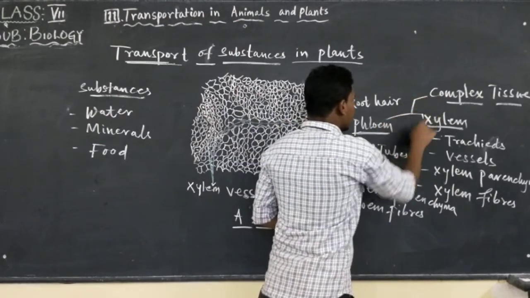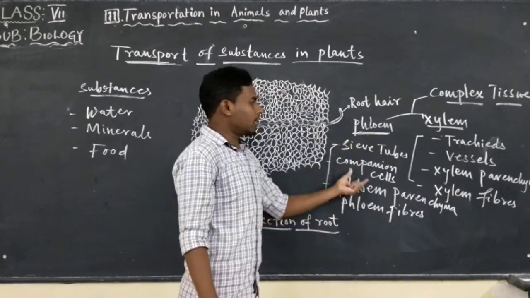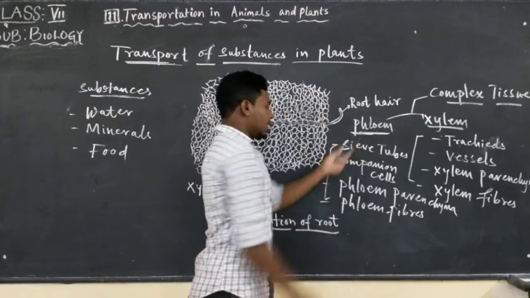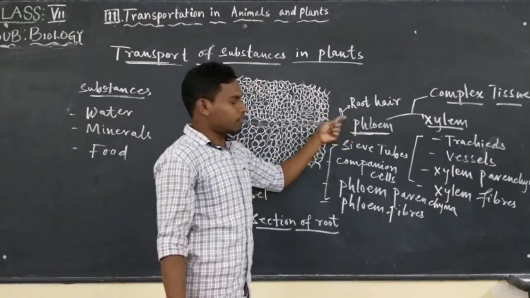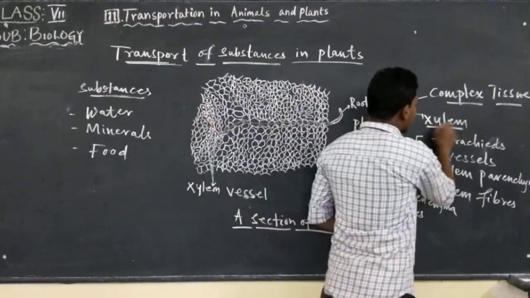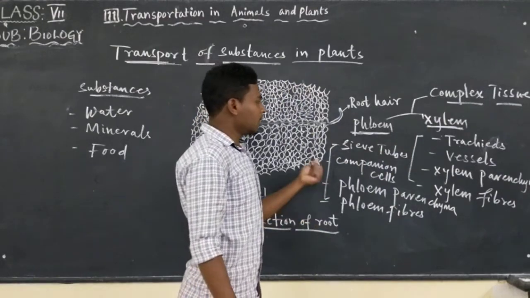So xylem and phloem are complex tissues. Phloem's function is to carry food synthesized in the leaf to other parts of the plant, and xylem carries water from the ground to other parts of the plant.